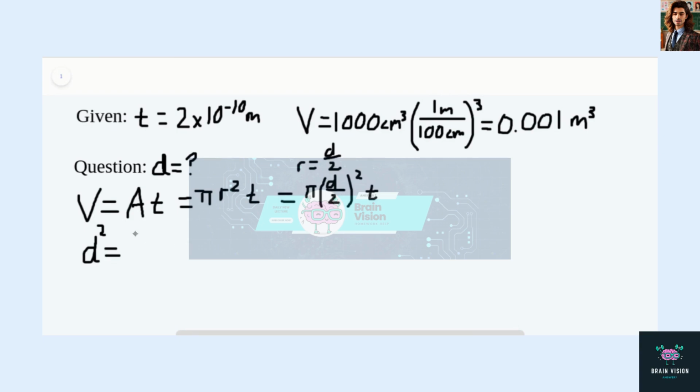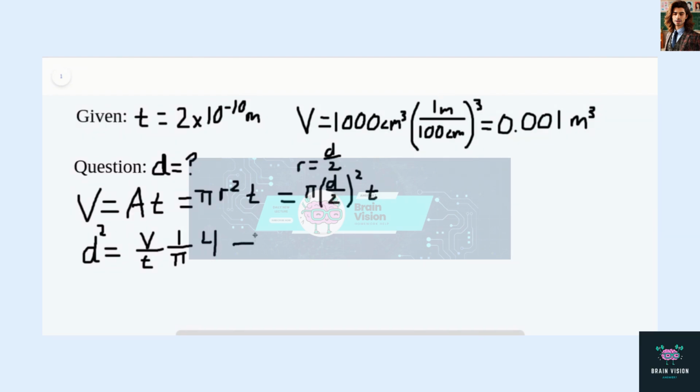So the diameter squared, we'll just leave it as squared for now. The diameter squared is equal to the volume, right? So you have the volume on one side of the equation. You need to divide that by the thickness. So it's equal to the volume divided by the thickness. You also need to divide the volume by pi, so 1 over pi. And then the 2 squared is on the bottom on the right-hand side of the equation. So when you're putting it in terms of d, you need to multiply the volume by 2 squared, just being 4.